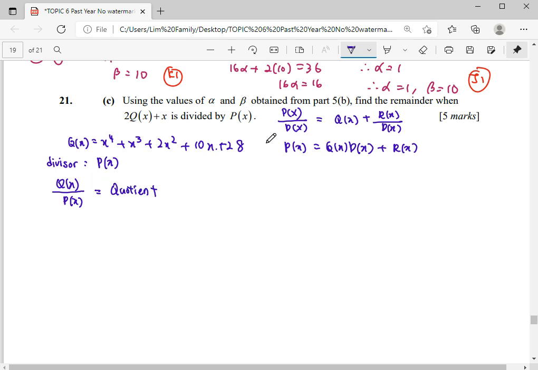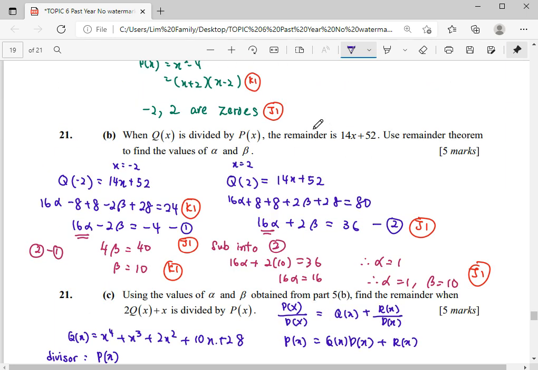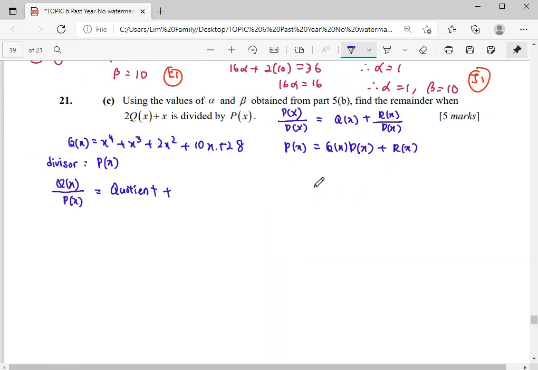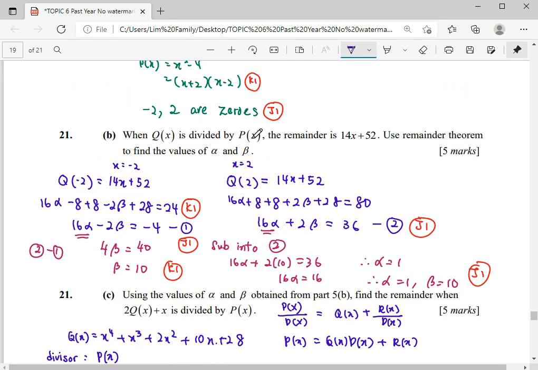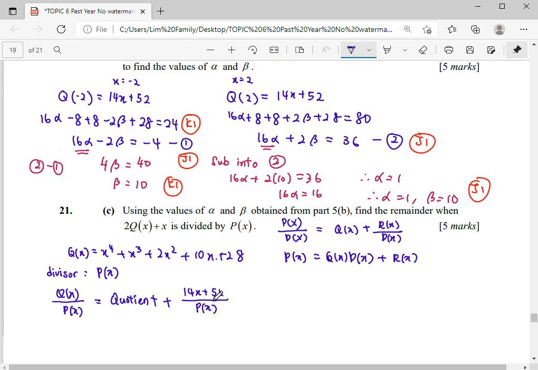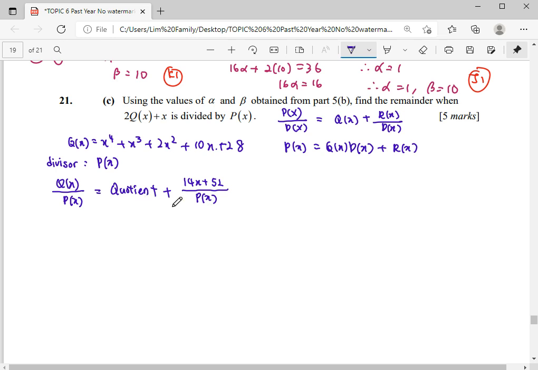So I will write it in the full sentence here: quotient, plus when you divide by px, our result from b here, they said the remainder is 14x plus 52. This is what we get from our question B, where polynomial qx divided by divisor px has remainder 14x plus 52, and we found out what our alpha and beta are.